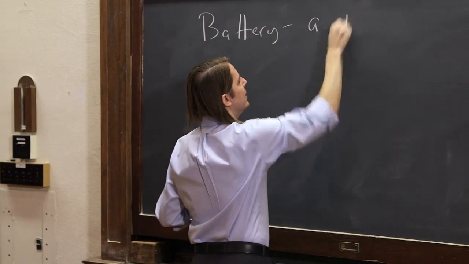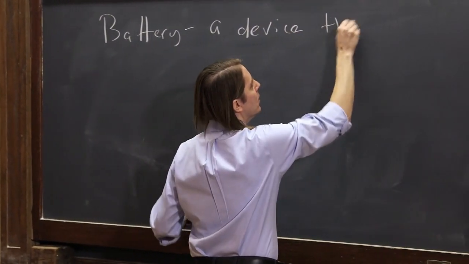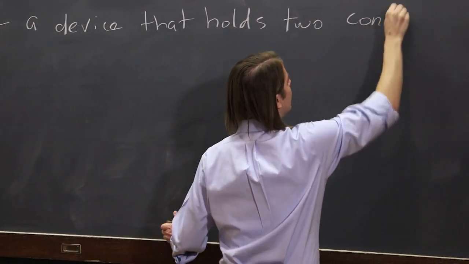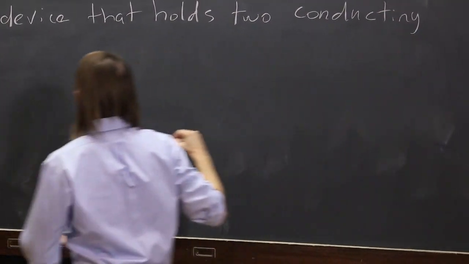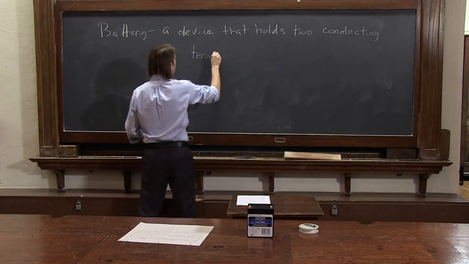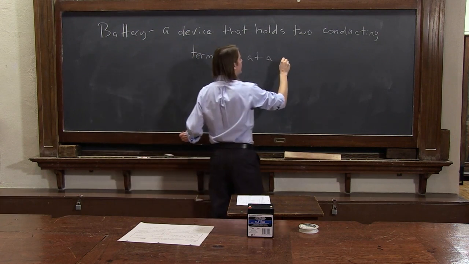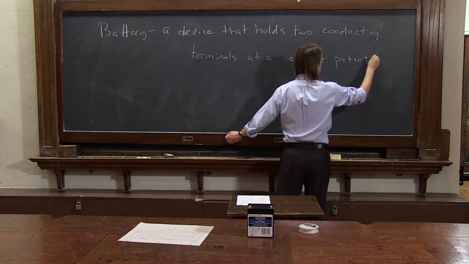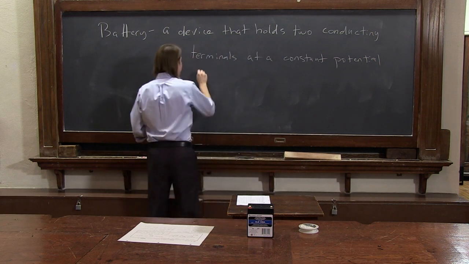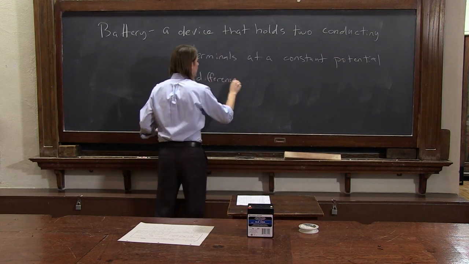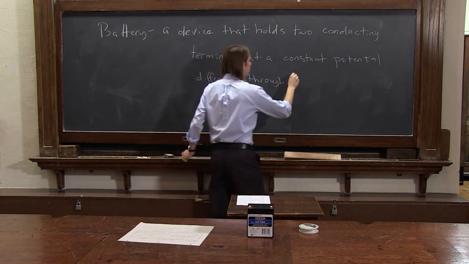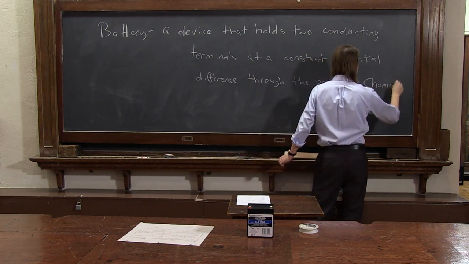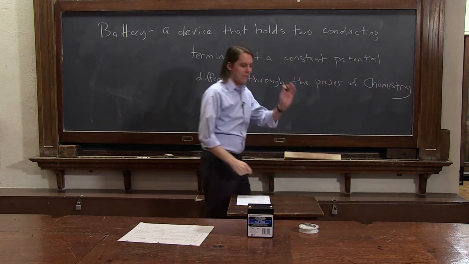So a battery is a device that holds two conducting terminals at a constant potential difference through the power of chemistry. That's all that's going on.